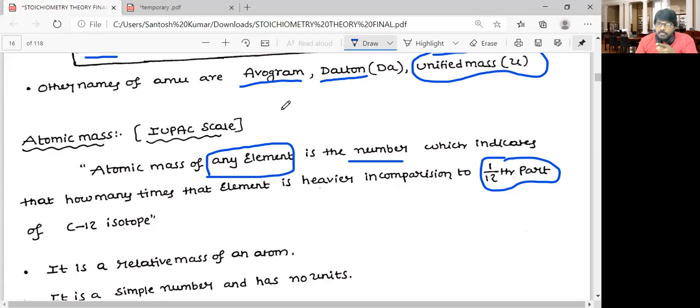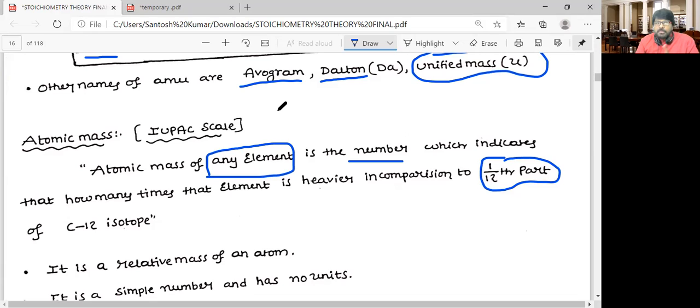That table is 150 times longer when compared to 1 by 30th part of that standard scale, because that scale is 30 centimeters long, and 1 by 30th part is nothing but 1 centimeter.